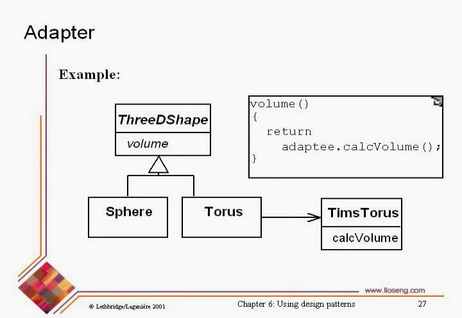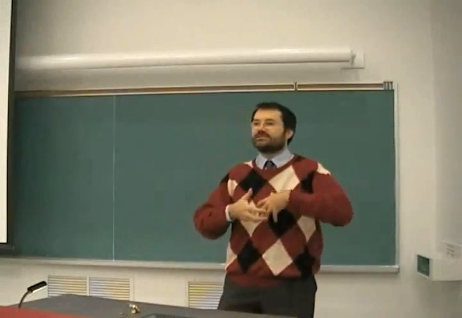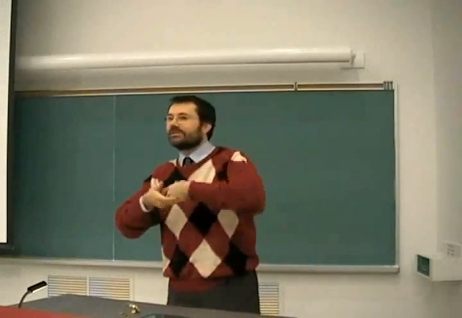So what we're going to do is create a bunch of adapter methods. In this case, it would be return adaptee.calcVolume. And so we store the instance of Tim's torus in our instance of torus. Our torus object is degenerate. It doesn't need to have much of its own stuff.